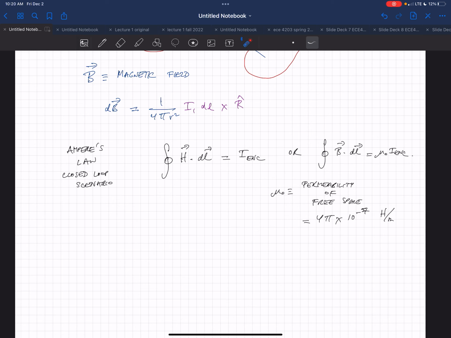It basically says that if I have currents, like a bunch of wires carrying currents, I1, I2, there's another current, I3, and I put my lasso around all of these lines, the line integral of the magnetic field enclosing these lines, if I sum up all the components of the magnetic field along those paths, is equal to the sum of all the currents inside that. In a lasso kind of situation.